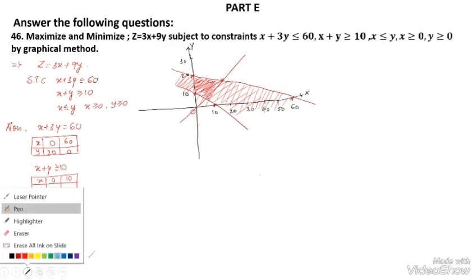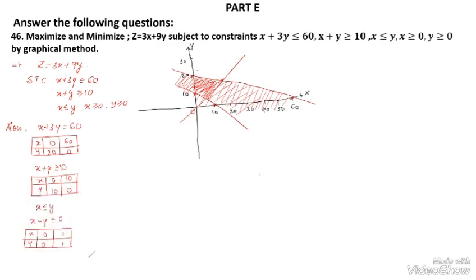Therefore, the corner points are here. I can take the corner points A, B, and here there is a region point C and D. Here A represents x is 0, y becomes 20. When we take it in a graph, the point B is 15, 15.